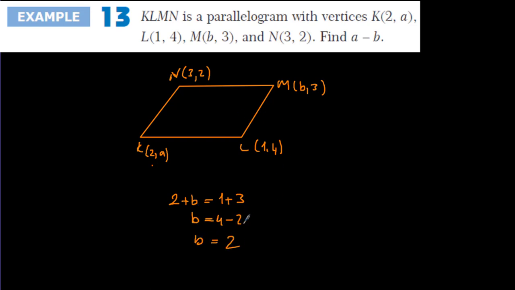And the second one, a plus 3 should be equal to 2 plus 4, which means a plus 3 is equal to 6, a is equal to 3. And this is the last part of the question, because it asks for a minus b, that's equal to 3 minus 2, which is equal to 1.